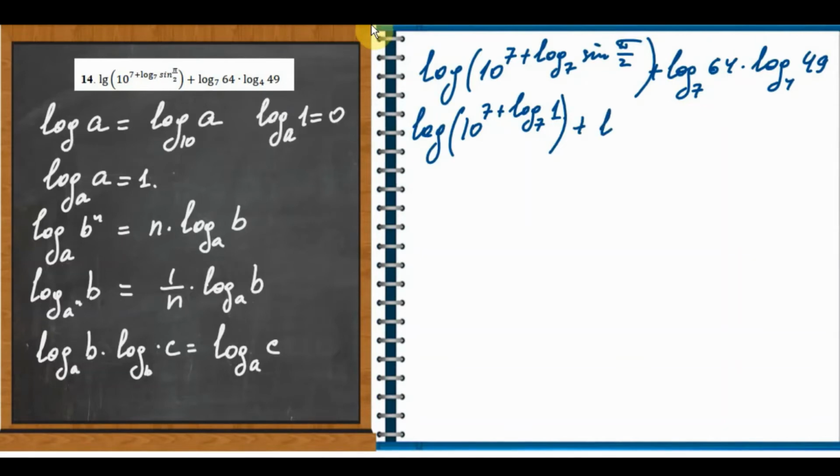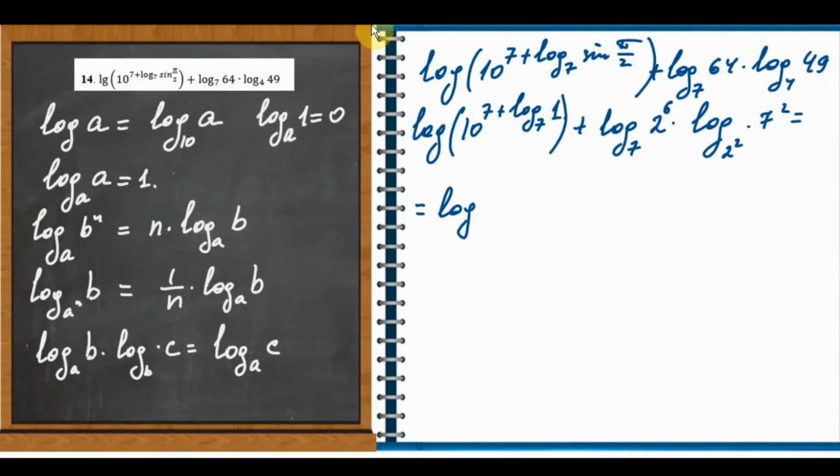Plus log base 7 of 2 to the power of 6 multiplied by log. Instead of 4 we will write 2 squared. 49 is 7 squared. Now log. So we have 10 to the power of 7 plus 0. It is 10 to the power of 7 plus.